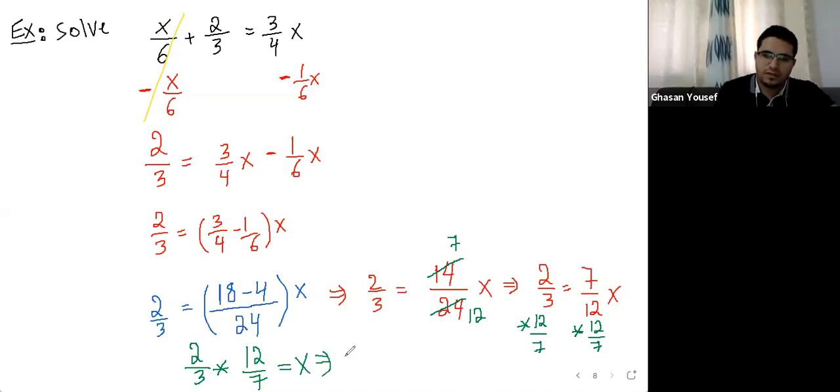So actually my x equals, if I simplify the 3 with the 12, the 3 becomes 1 and the 12 becomes 4. 4 times 2 gives me 8 over 7. And this is my final answer.